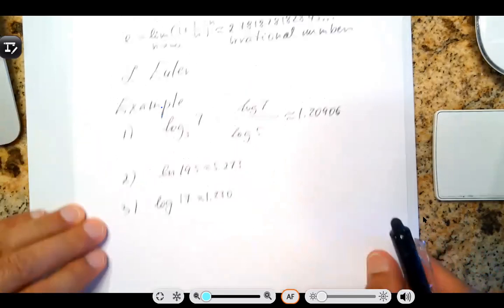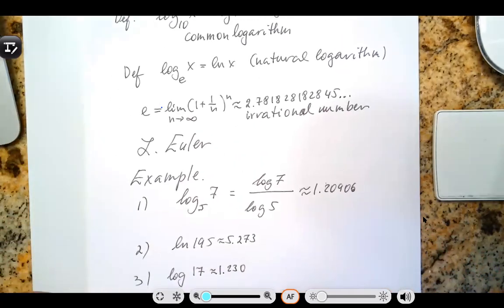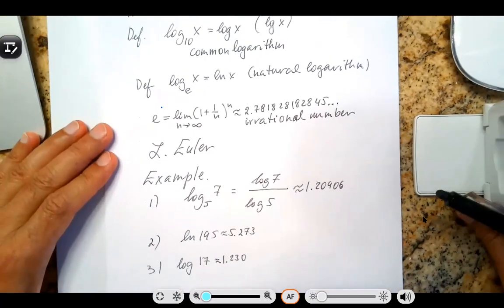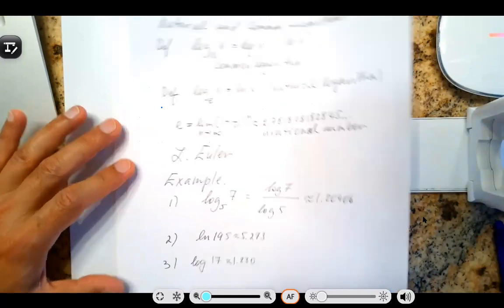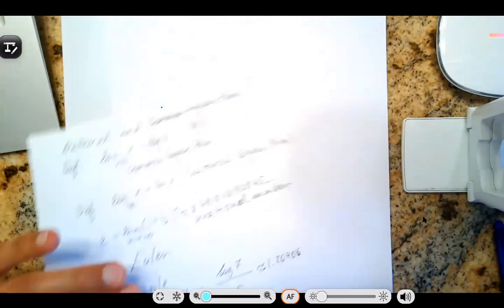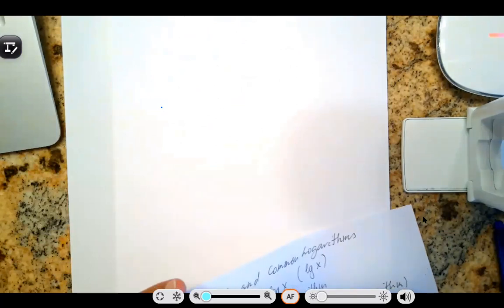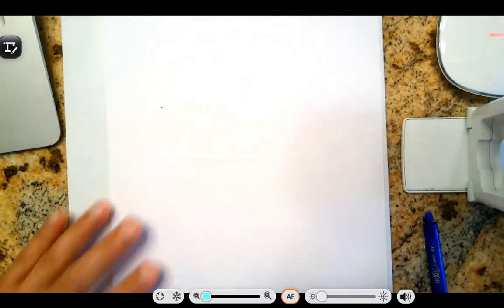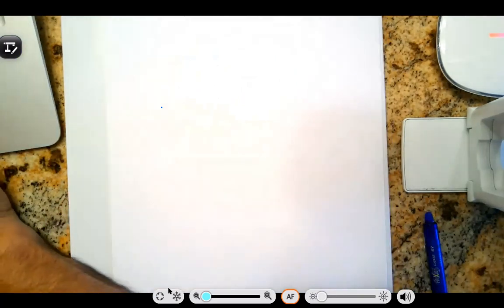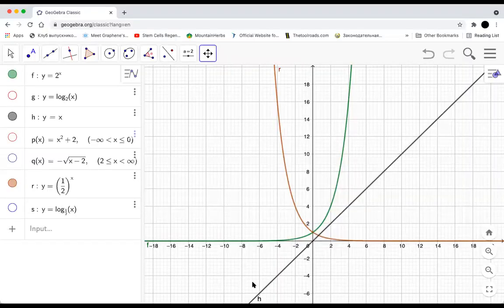Now, the last thing I want to show you is the graphs. I talked about the graphs. Let me show how they look. Here's the graph of y equals 2 to the power of x.